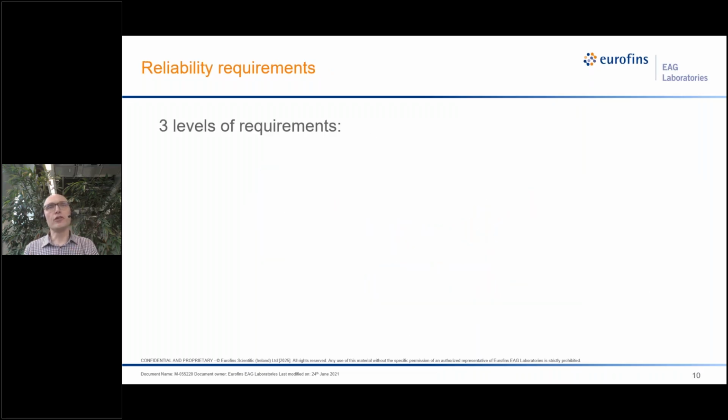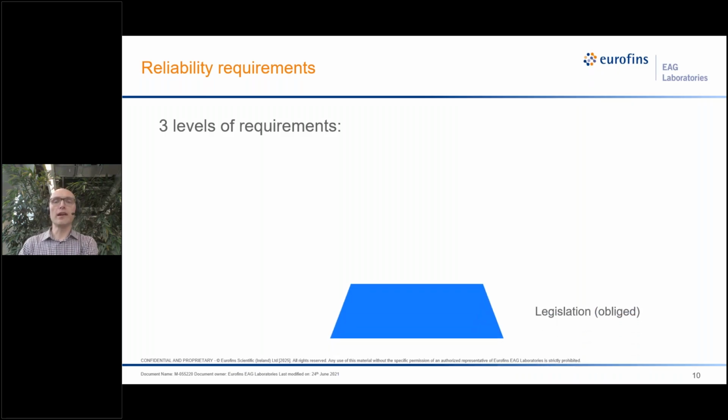In addition to cost management, there are also different classifications for reliability requirements. The basic level is characterized by the minimum legal requirements in the areas of safety, health, and environment.